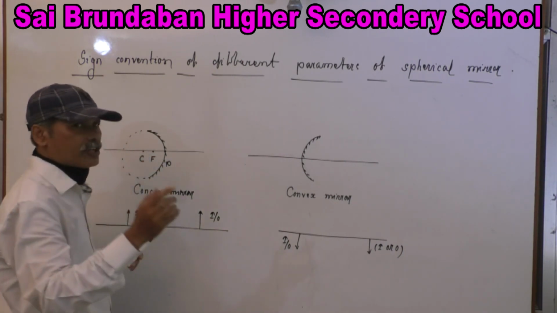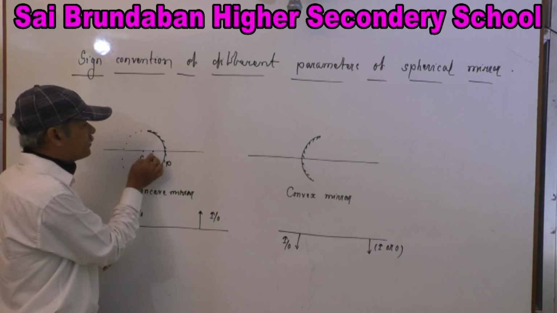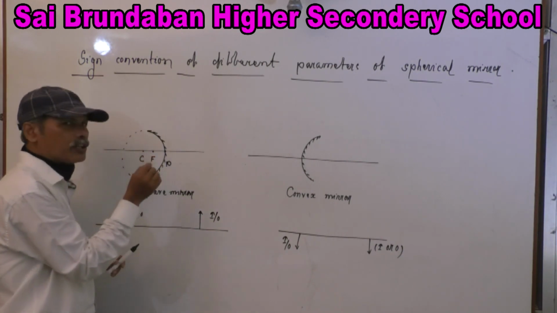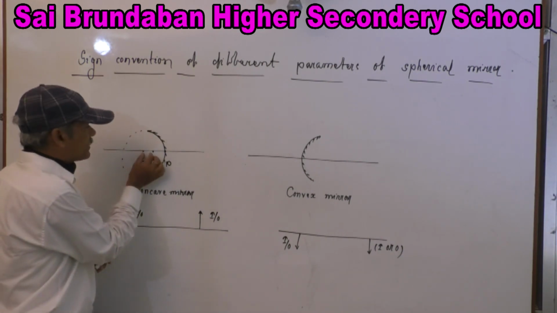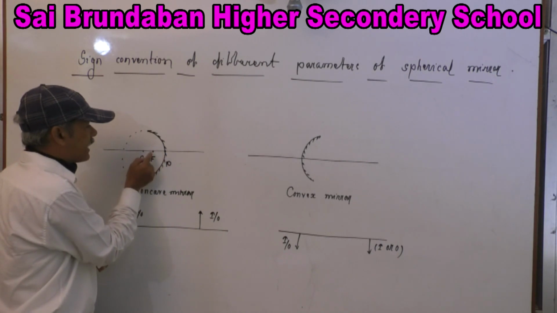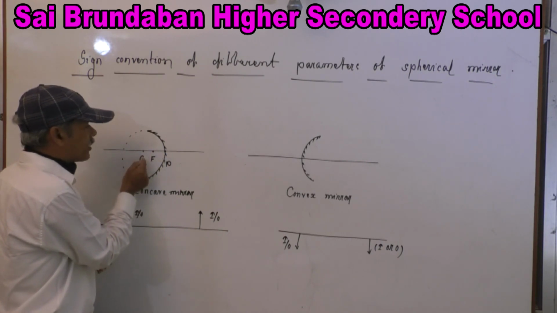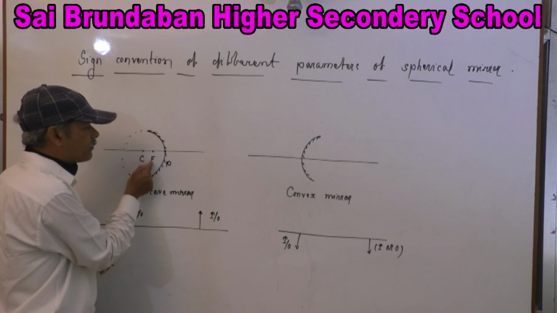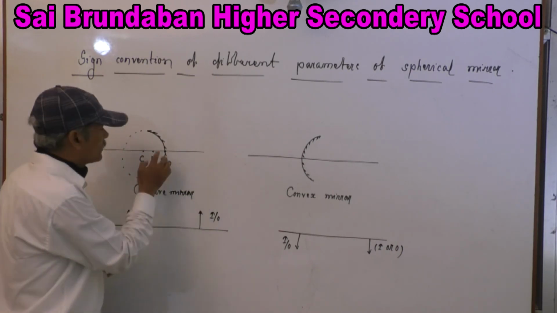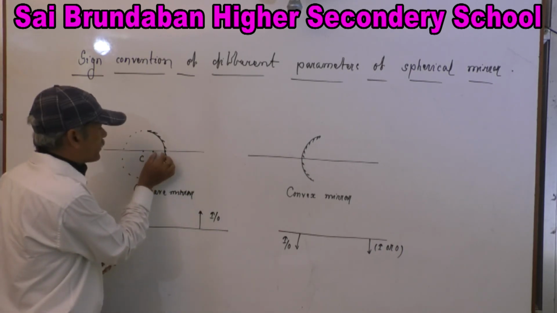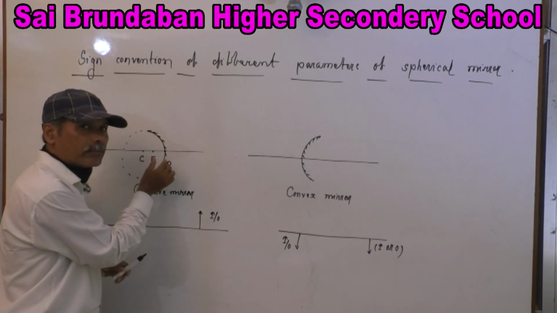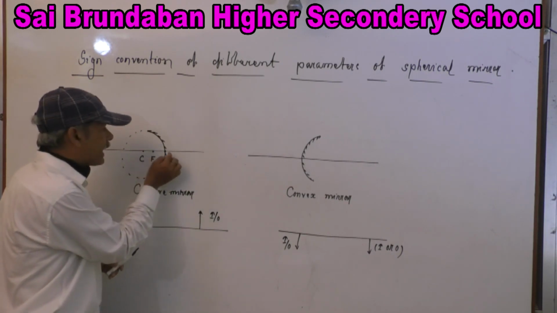The distance between the center of curvature and the principal focus is the same as the distance between the focus and the pole.